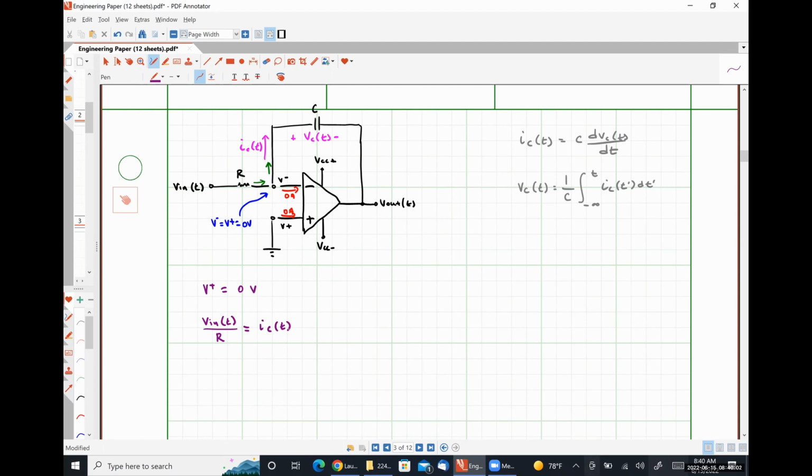Now, we need to very slightly modify our approach again here. What we need to do is determine the relationship between VC of T and V out. Because we know that VC of T is in some way related to IC of T, and we have just determined that IC of T is related to our input voltage Vn.